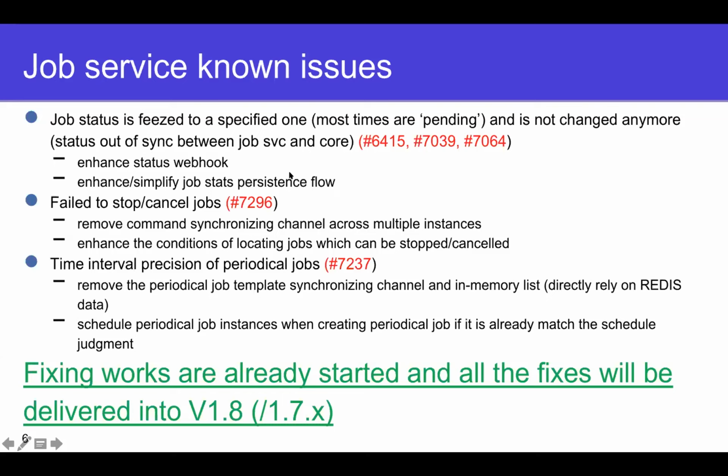We have started a fix plan to fix the related bugs and make it more suitable. The related fix will definitely be delivered in 1.8, and maybe cherry-picked to 1.7.x depending on the requirements.